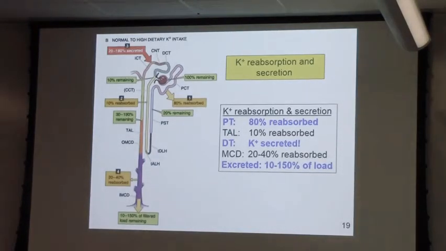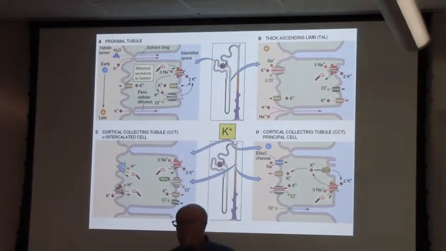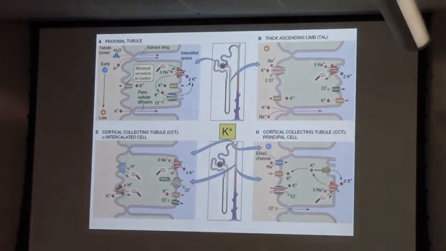Okay, potassium was complicated. The main thing about potassium is that, when I asked you about potassium wasting, most of you got at least part of the answer. Most of you said, okay, the loop diuretic, like Lasix, inhibits this transporter.